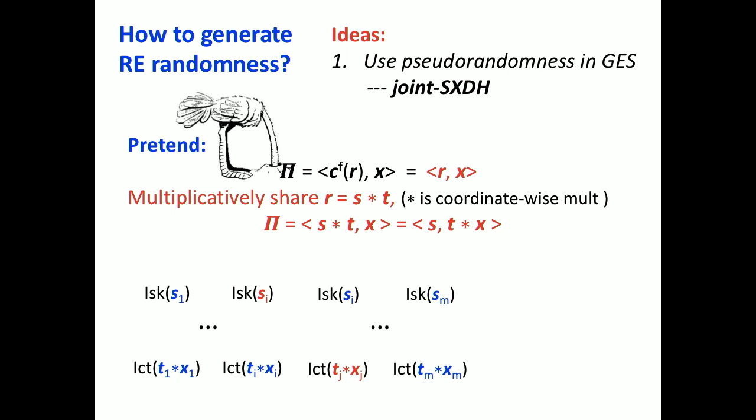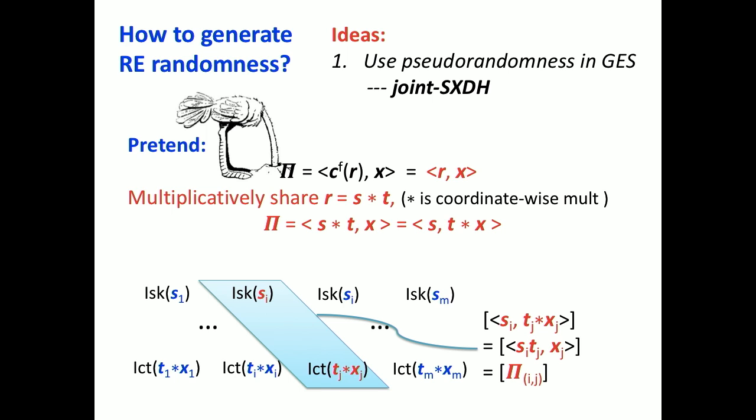And then we encode those Sis inside the secret key and all those Tjs inside the ciphertext together with the input. If I now take a pair of them and try to decrypt, it will give me exactly the right inner product, which is the randomized encoding.